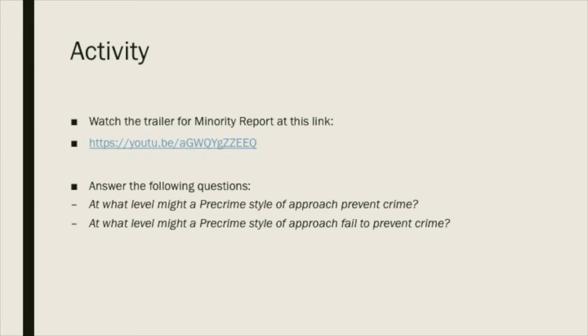At what level might a pre-crime style of approach prevent crime? And at what level might a pre-crime style of approach fail to prevent crime? What I'm getting at in these 2 questions is think about what this pre-crime approach assumes about the nature of crime and those involved. Now, I'm going to give you a minute.